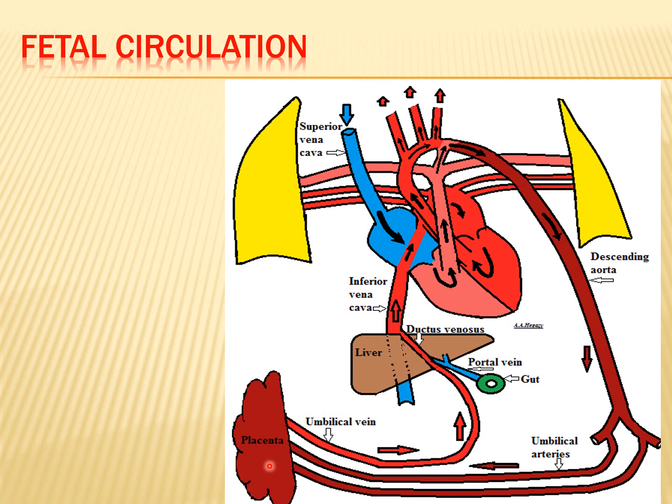They carry the reverse blood. The umbilical vein carries oxygenated, not non-oxygenated, and the umbilical artery carries non-oxygenated, not oxygenated. And also the pulmonary blood vessels later on after birth. This is the fetal circulation.